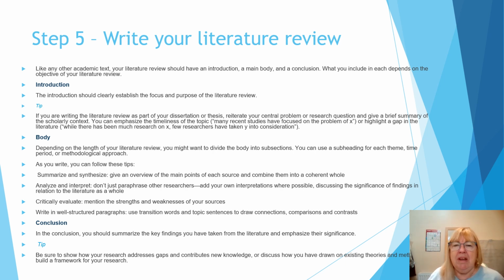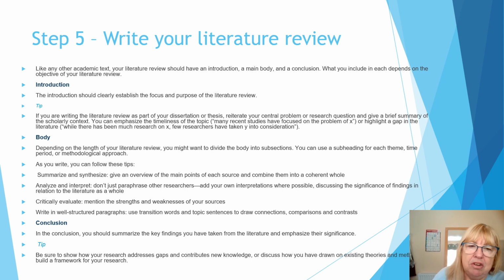So like any other academic text, your literature review should have an introduction, a main body, a conclusion. Now, it's going to be part of your overall piece of research, but it's almost a separate part that can slot in different places. As I said, when we talk about the layout of the assignment, we'll talk about that in more detail. But just think that a literature review is almost an assignment or a document in its own right, really.